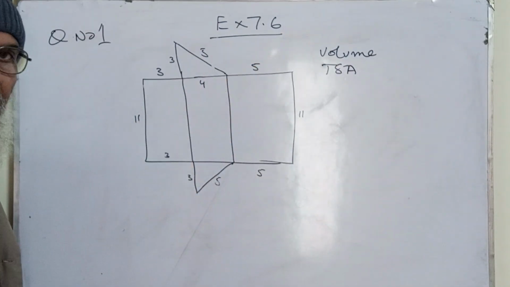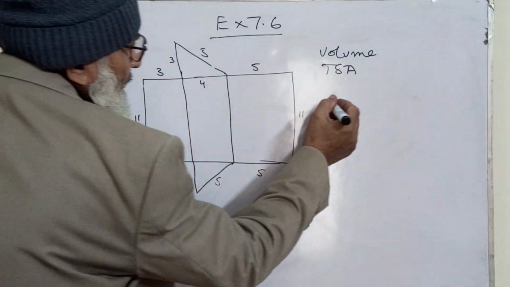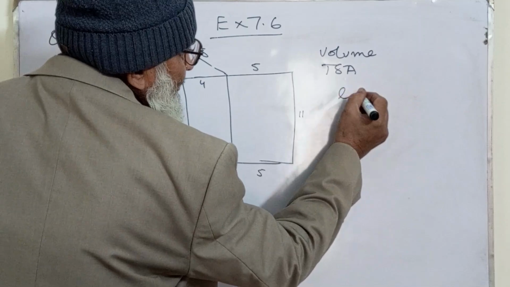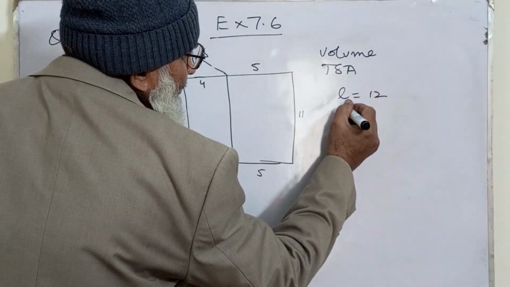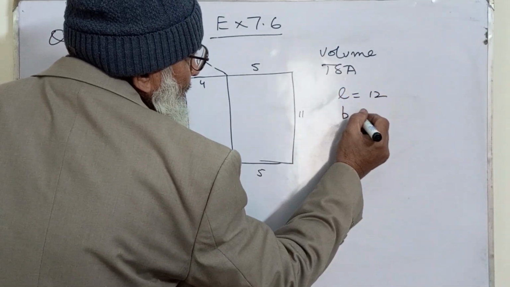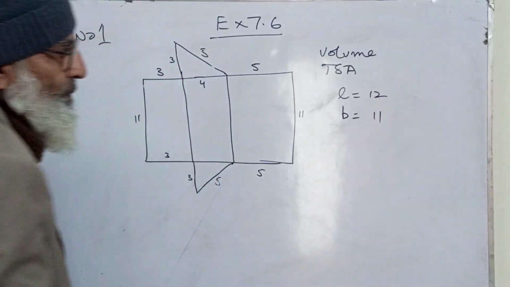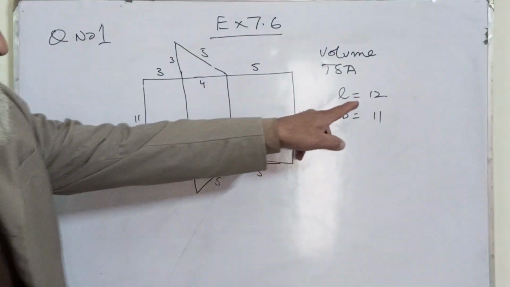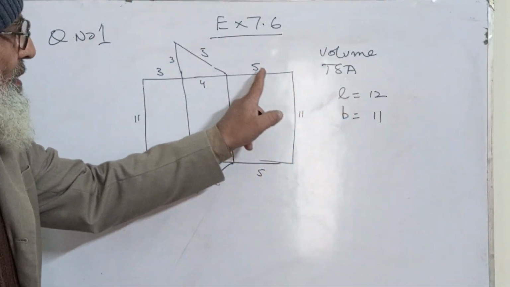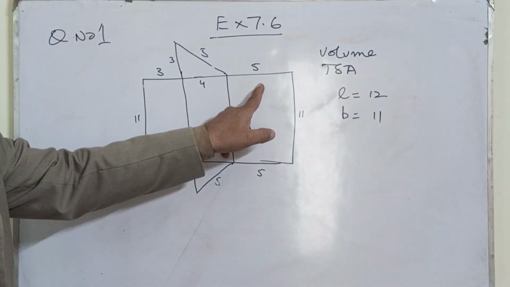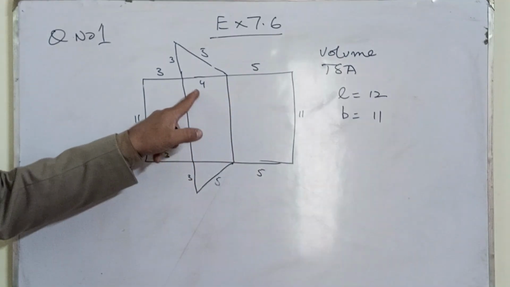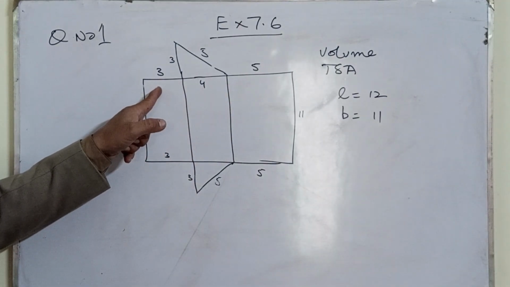This rectangle is 11 on one side, and on the other side 5, 4, 9, 9, 3, 12. The length is equal to 12 and breadth is equal to 11. How is the length 12? Just add 5, 4, 9, 9 and 3, that gives 12.